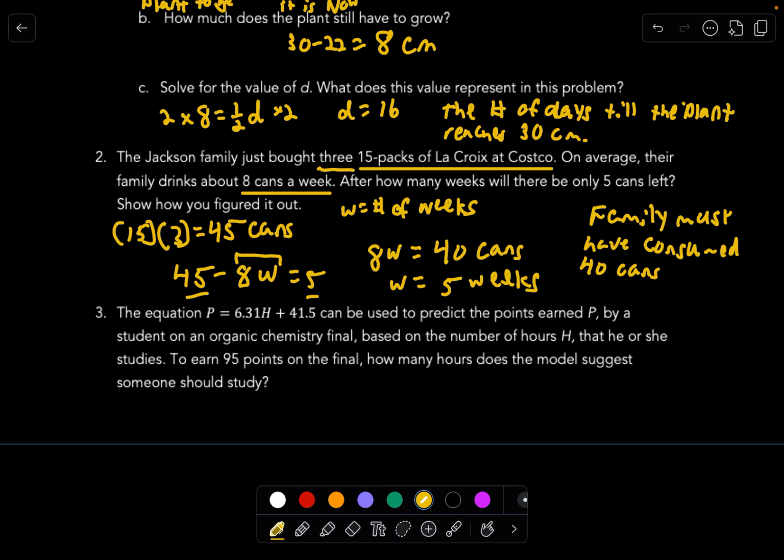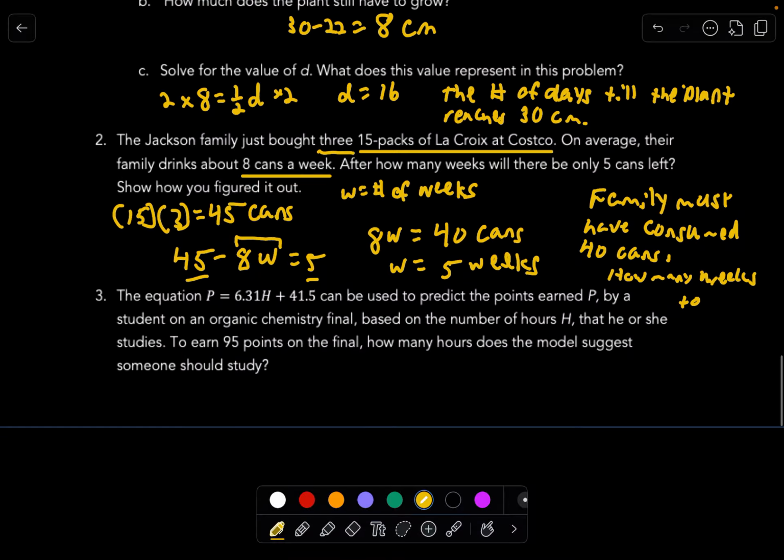So, how many weeks to drink 40 cans? That would be 40 divided by 8, which is 5.